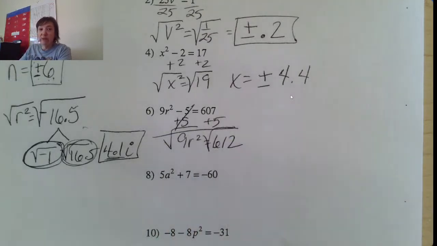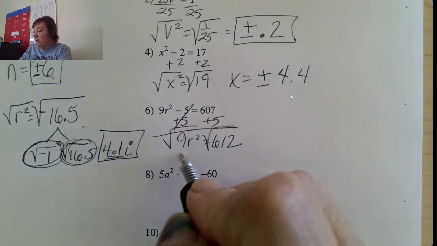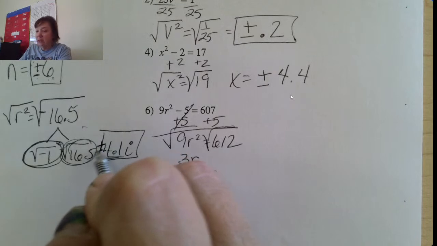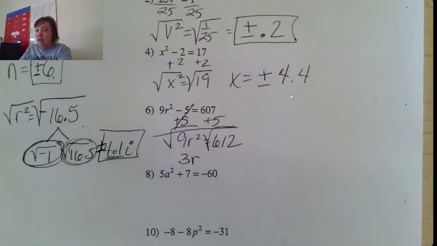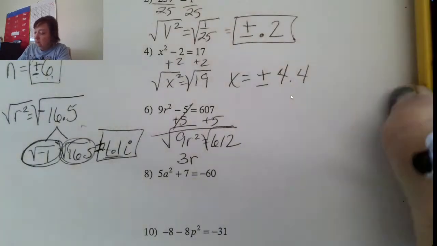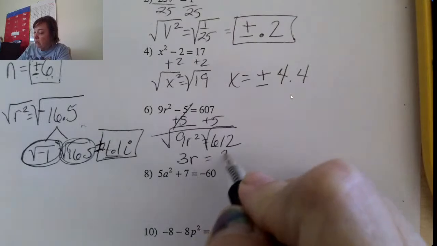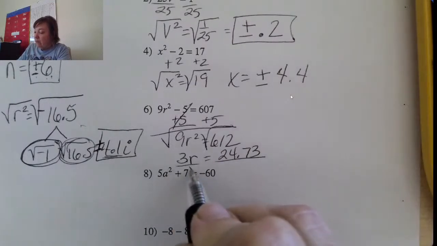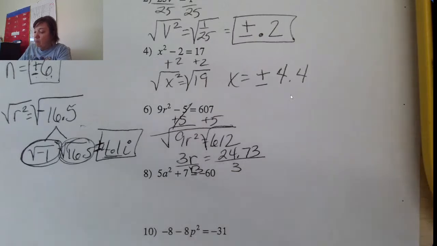So let's take the square root of it. So it's going to give us 3r. Oh, by the way, I forgot that plus or minus over here a while ago. We got to stick that back on there. 3r, and then whatever the square root of 612 is. I don't know what that is. 24.73. Okay, and then we're going to divide that by 3, right?